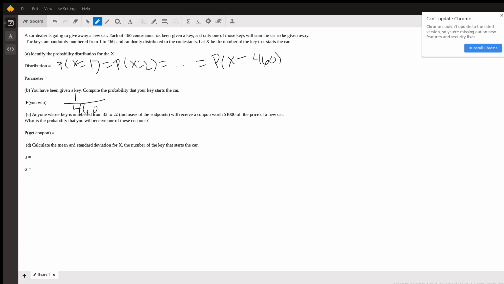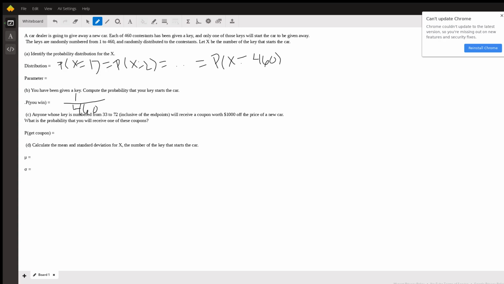So then for C, anyone whose key is numbered 33 to 72 will receive a coupon worth $1,000 off the price of the new car. So we want the probability that you win one of these coupons. So again, how many keys could actually win that coupon?